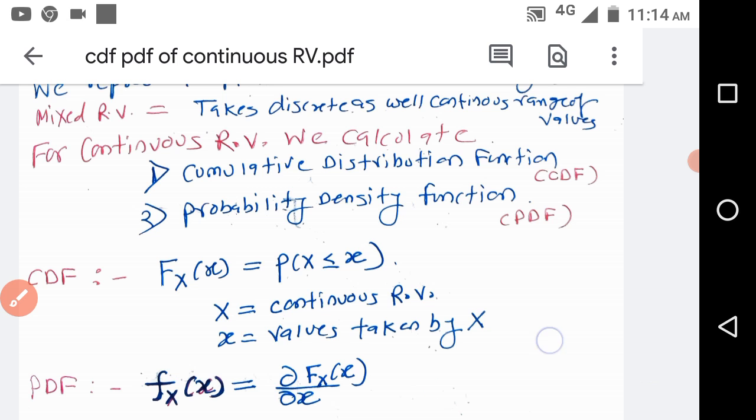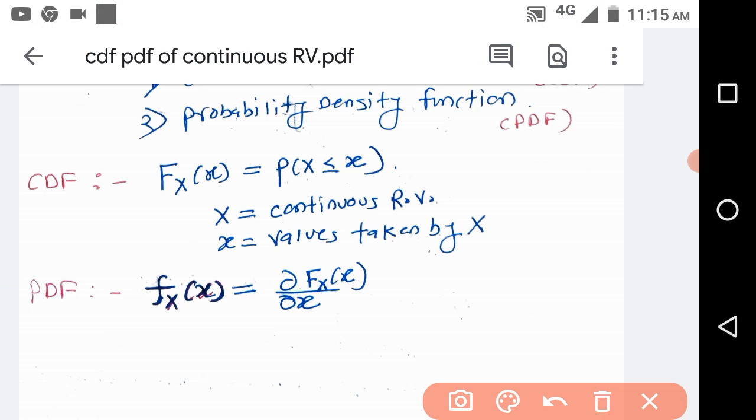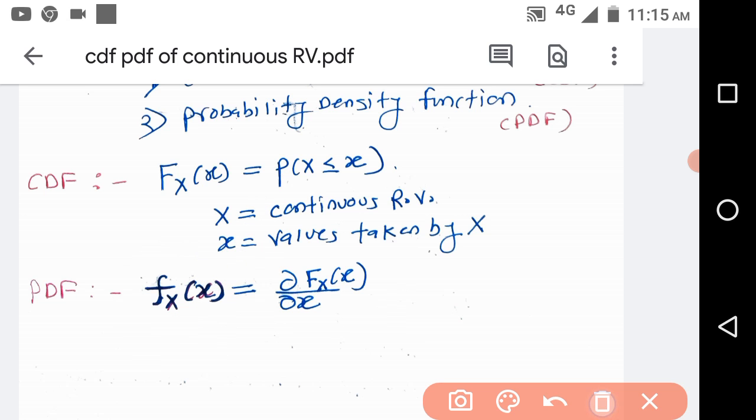What is the PDF formula? PDF is nothing but the differentiation of the CDF. The notation is small f with subscript capital X for the random variable, and small x is the value taken by the random variable. In the case of CDF there is capital F, and in the case of PDF there is small f.